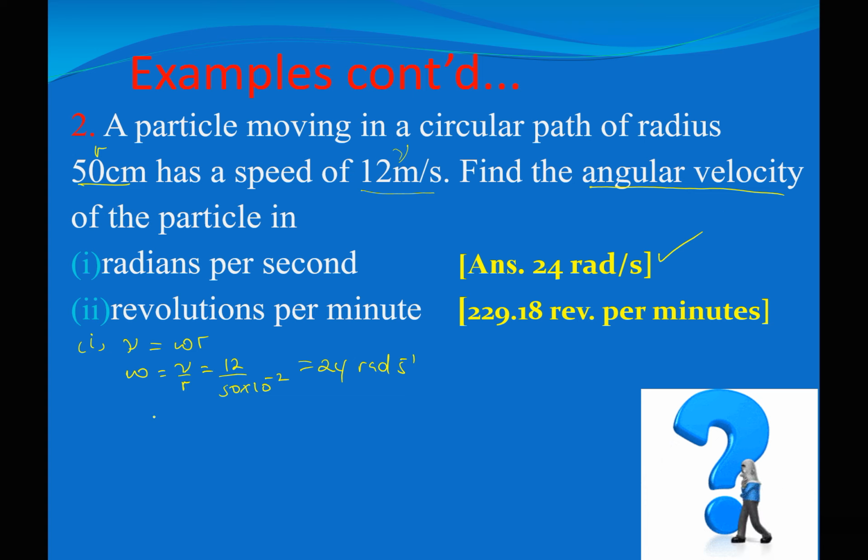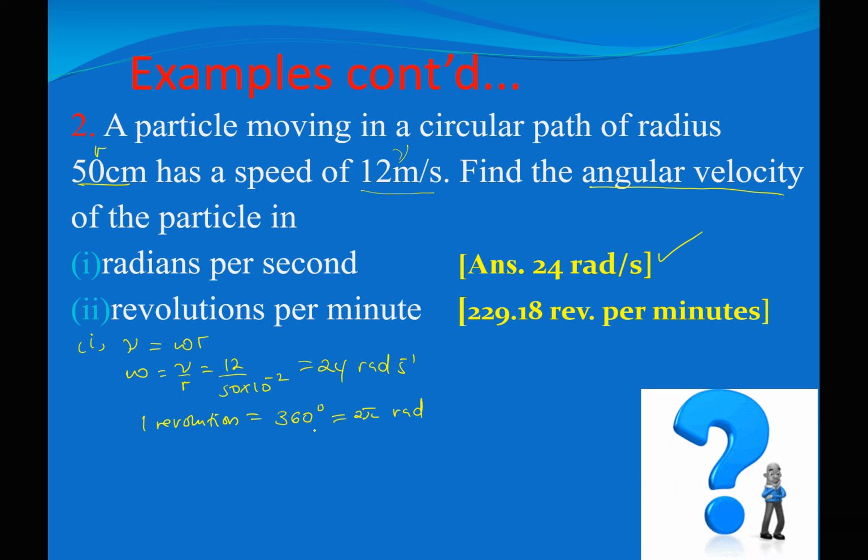So one revolution, remember, is equal to 360 degrees, which is the same as 2 pi in radians.